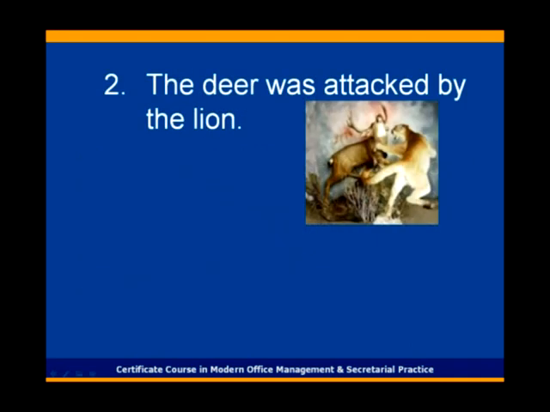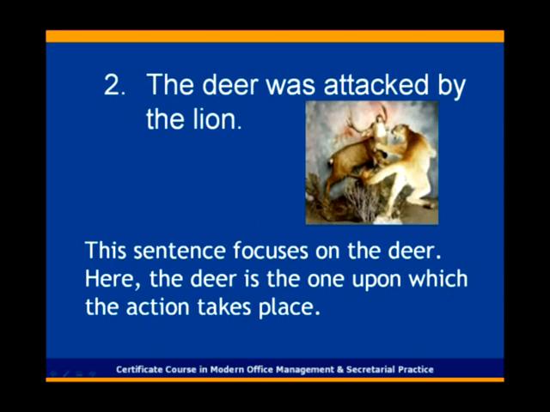Let's look at the second sentence. The deer was attacked by the lion. Now, the sentence is about the deer. In this case, the deer is the one upon which the action takes place.